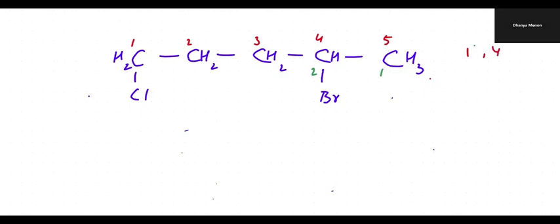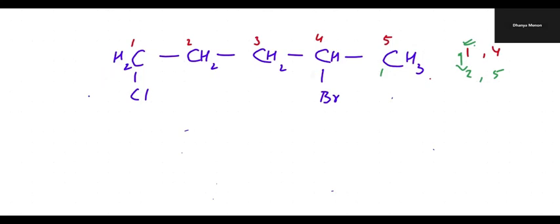But if you number from the other side, 3, 4, 5, this is 2. The first point of difference is that in the first numbering you're getting chlorine at the first position. So definitely you will prefer that. So this other numbering we will not prefer.